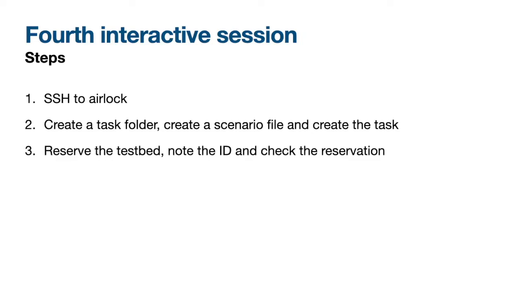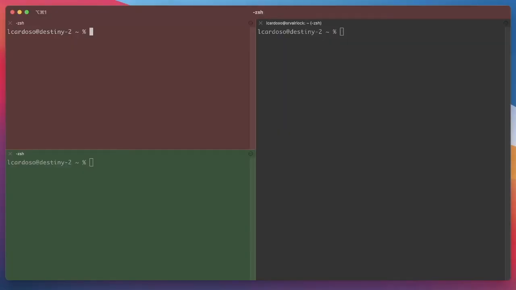The first thing we're going to do is connect using SSH to Airlock. Let's switch to our terminal screen where we see now a different configuration of terminals. To the left, we have two terminals which are going to be used to connect as a user to the nodes. And to the right, I have a terminal which I'm going to use to connect to the SSH Airlock.